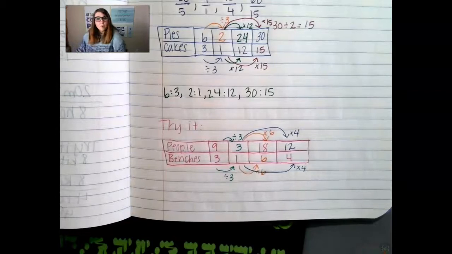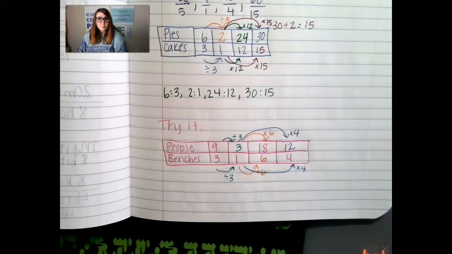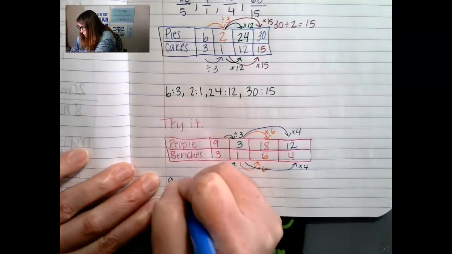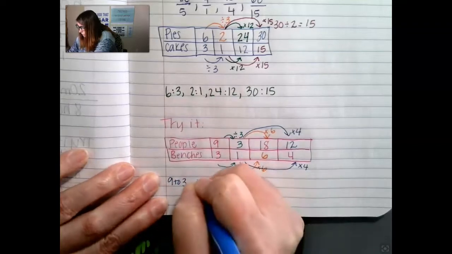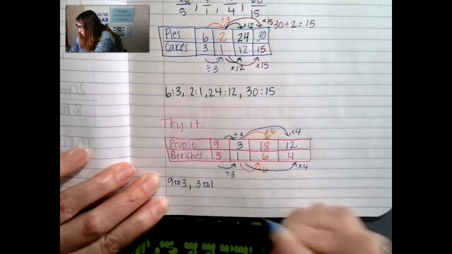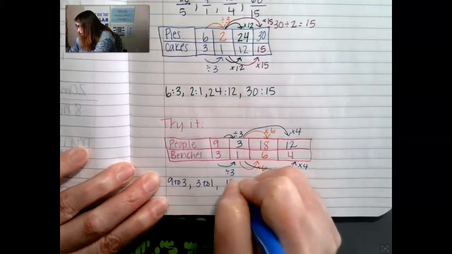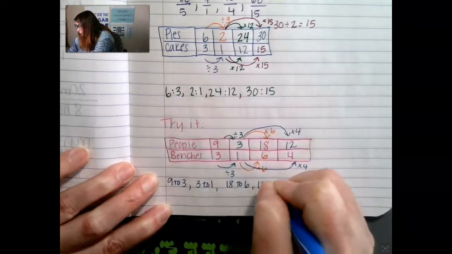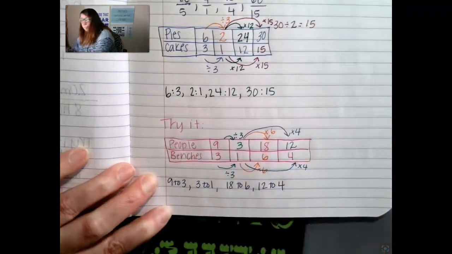So when I have 4 benches, I have 12 people sitting. So my equivalent ratios are 9 to 3, 3 to 1, 18 to 6, and last but not least, 12 to 4.